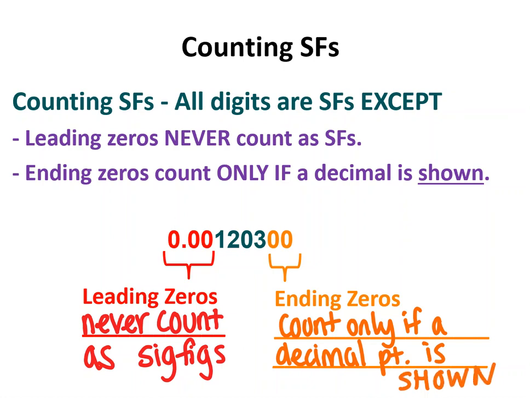And I really emphasize that word shown because you have to actually see the dot. In other words, this dot, that's what I mean. If I have a number like this, there's no dot there, so an ending zero doesn't count. If I did actually show the dot there, then that zero would count as a significant figure. So this is an important skill we need to have as far as looking at a number and counting its sig figs.